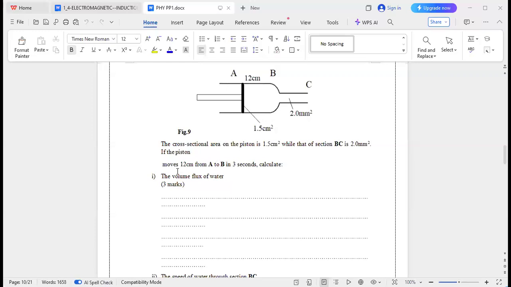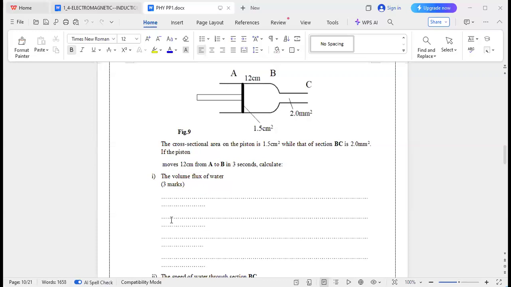We are told that water moves 12 centimeters from A to B in 3 seconds. So this is 0.12 meters over 3. Displacement over time gives us velocity, which is 0.04 meters per second.